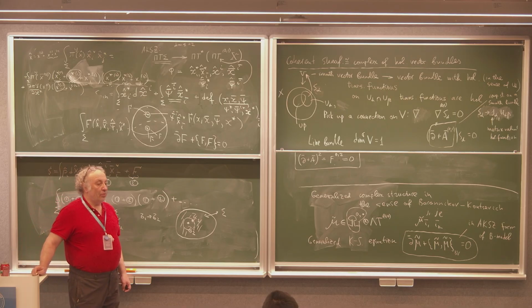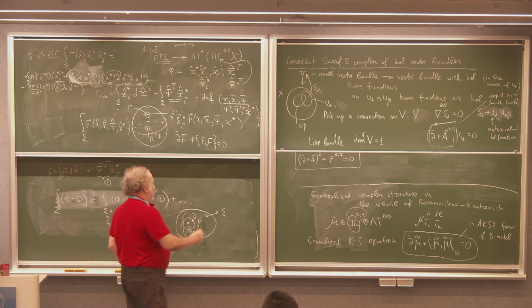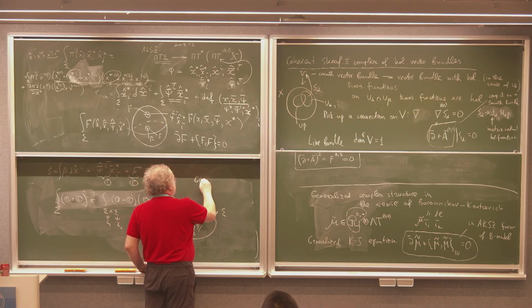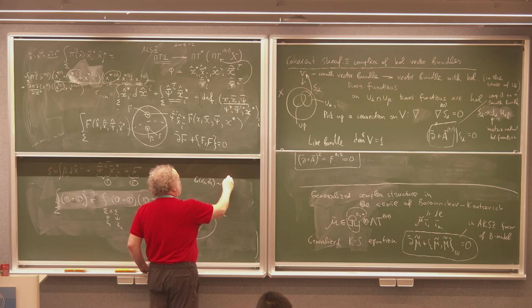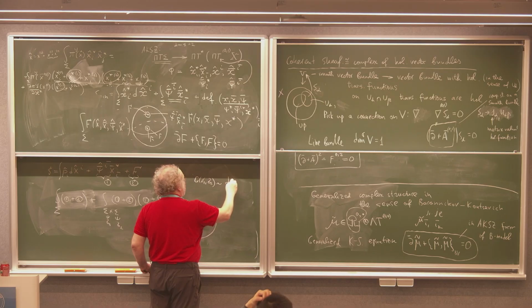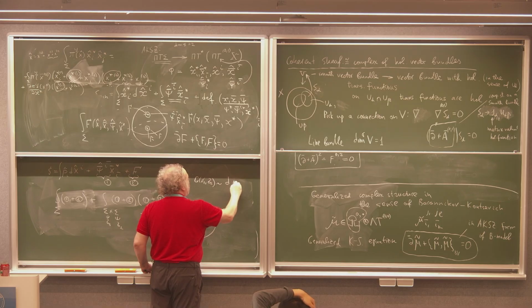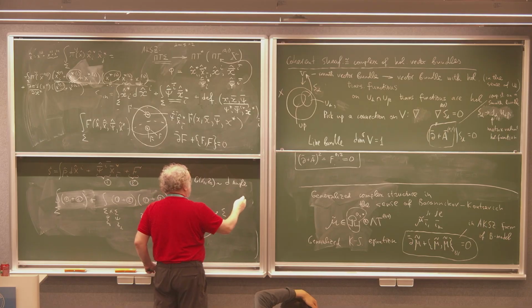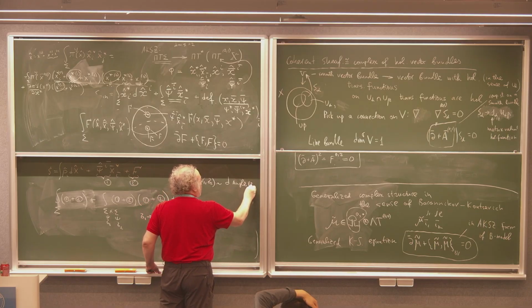So one can show that the Green function between sigma 1 and sigma 2 goes, roughly speaking, like, depending on the gauge, the angle of sigma 2 minus sigma 1.